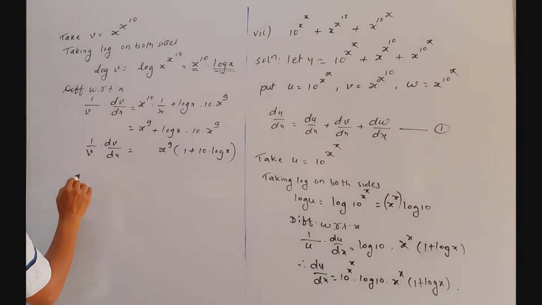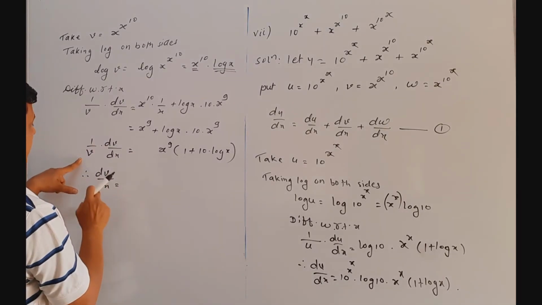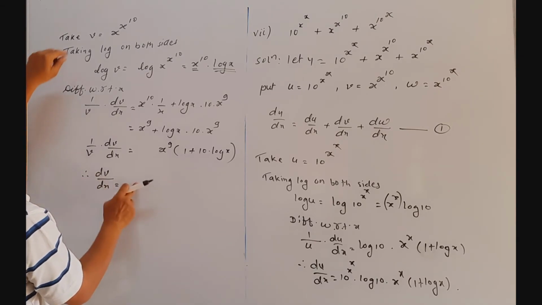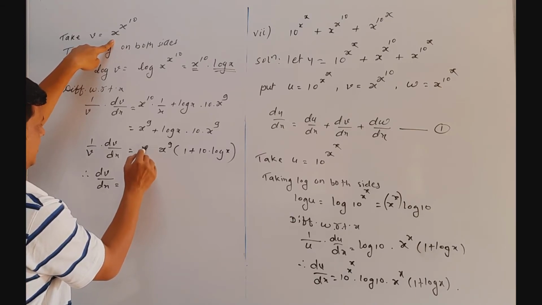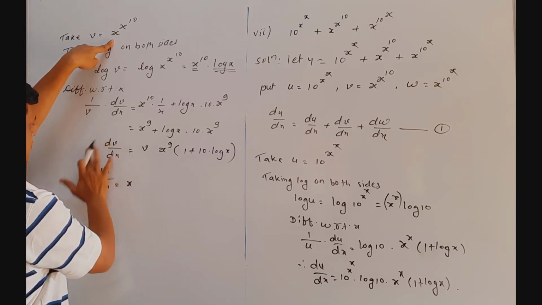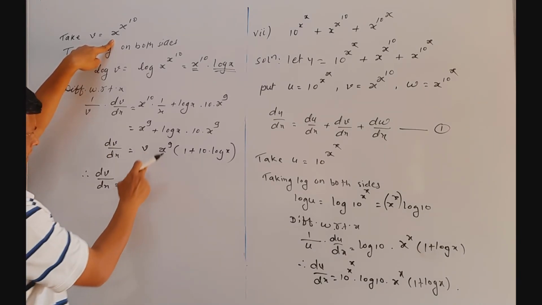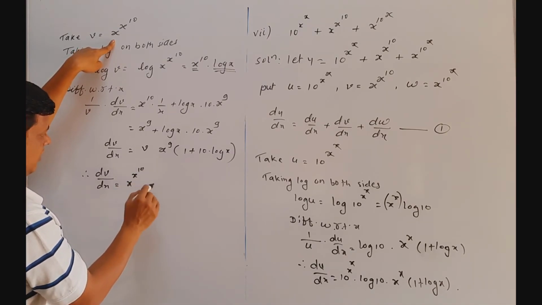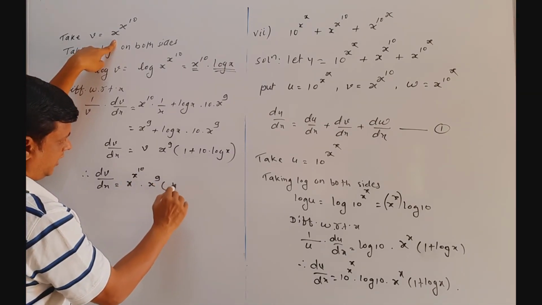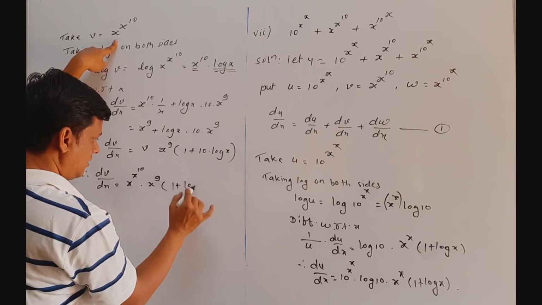We require only dv by dx. Therefore dv by dx is equal to, we transfer v to the right hand side. At the time of transferring, we replace the value of v, so you will not get confused. So v into the value of v, x raised to the power 10, into x raised to the power 9 into 1 plus 10 log x.